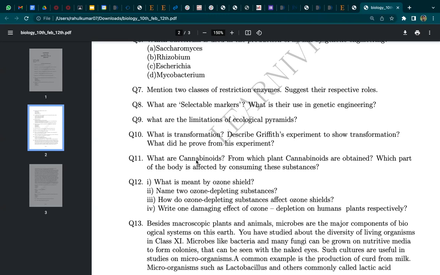So this was related to biotechnology. It is related to bacteria transforming naturally also. Griffith showed that naturally, without humans doing anything, bacteria can transform from one type to another. We do the same thing in biotechnology using plasmids, where we are forcefully transforming them into something else for our benefit.